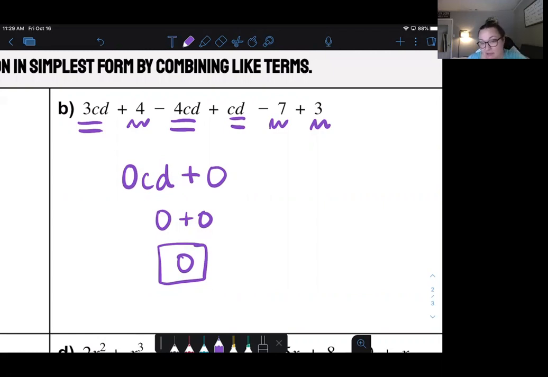Negative 1cd plus 1cd is 0cd. 4 minus 7 is negative 3 plus 3 is 0. Well, 0 times cd is just 0. So 0 plus 0 is 0. The cd here technically has a coefficient of 1. Remember, whenever your coefficient is 1, you technically don't have to write that 1. So that's how I knew that that was 1cd.